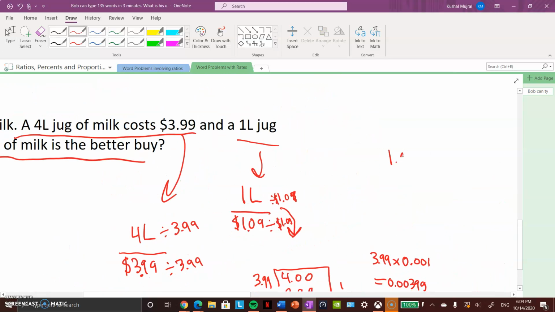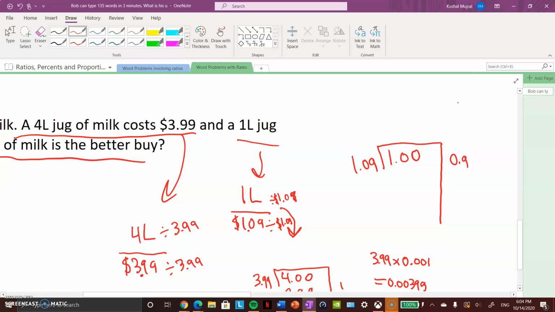Now let's look at this one. So we have 1.00, and we're dividing it by 1.09. So then we're going to take our long division and see how many times does 1.09 fit into 1. And let's go with 0.9 first.